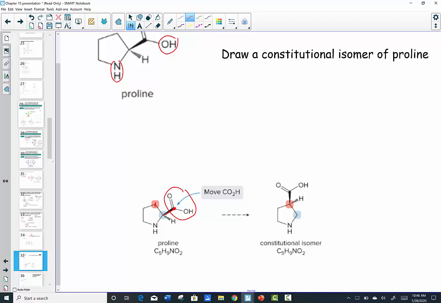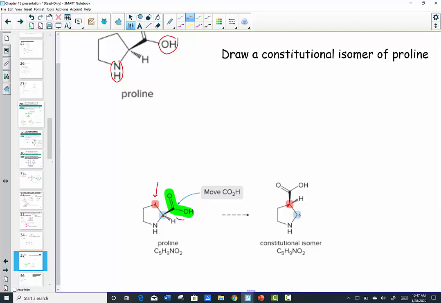The only criteria is that you use the same number of atoms of each element and connect them in some sort of different order. So as an example, if we took the entire attachment off of the chiral center, just one idea, here's the COOH group, right? COOH, and instead of having it attached to create this chiral carbon here, let's just attach it here. And now this chiral carbon has existed.